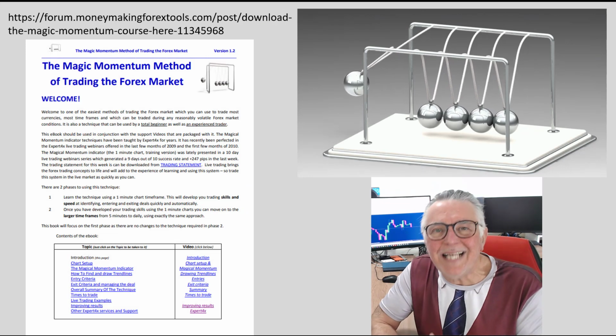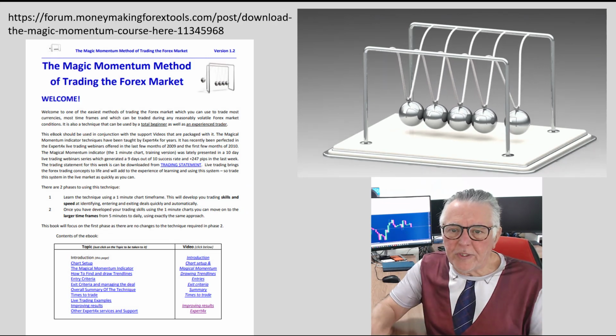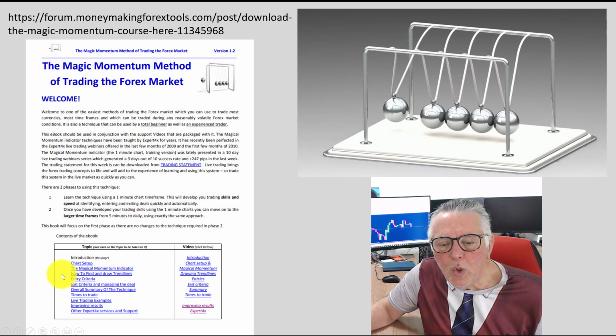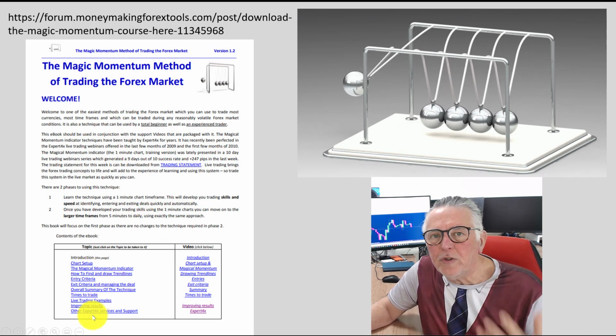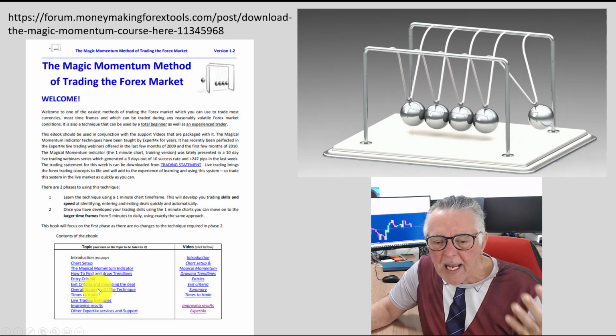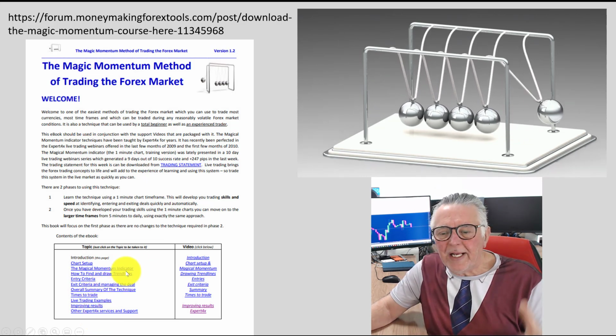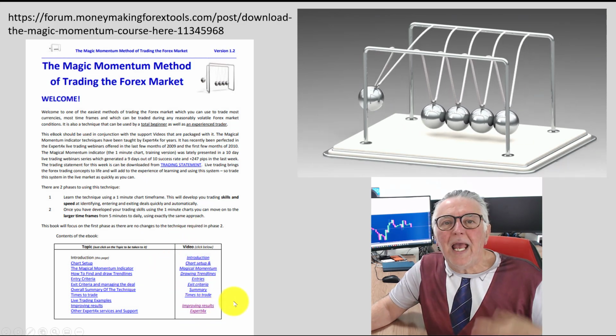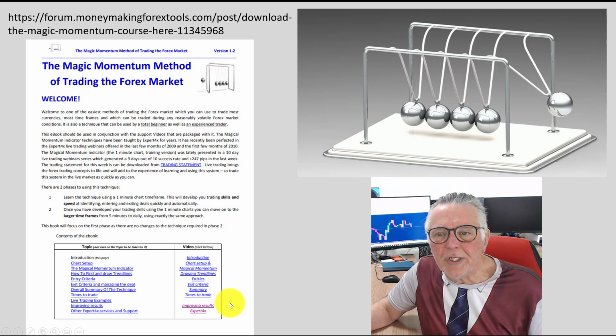Now here is the downloadable PDF that you can download from our forum. You can see it covers a whole lot of information, how you set your charts up and the exit and entry criteria and so on and so on. You can go and download this PDF and read through it as an instructional.